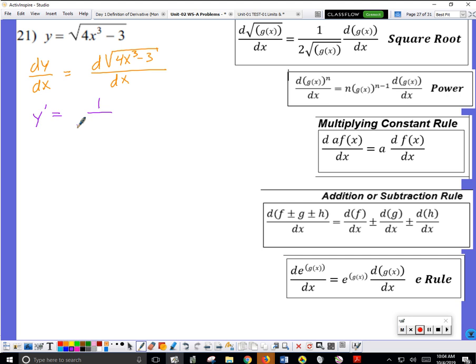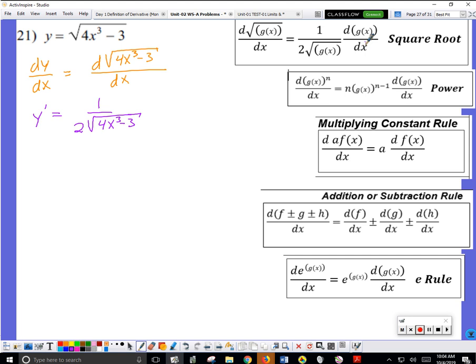So 1 all over 2 square root 4x cubed minus 3. Because the square root rule says, here's how I memorize it: the derivative of the square root of something is 1 over 2 times the square root of that something, and the last part's always the same, multiplied by the derivative of the something.